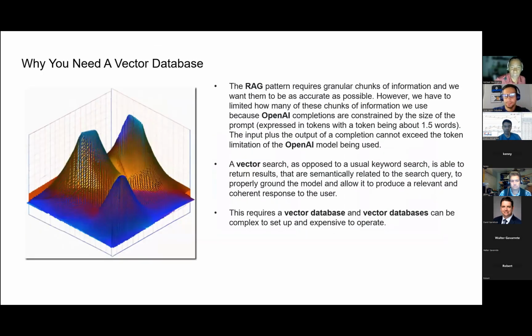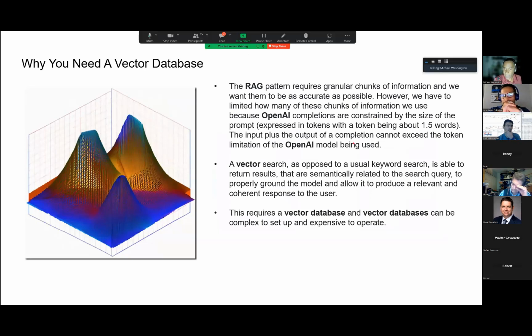Why do you need to use a vector database versus just a normal database? The reason is that you need to have chunks of information, and they need to be granular. A vector database is the best way of storing information and retrieving it in a granular fashion. I'm going to show you some examples of exactly what that means.